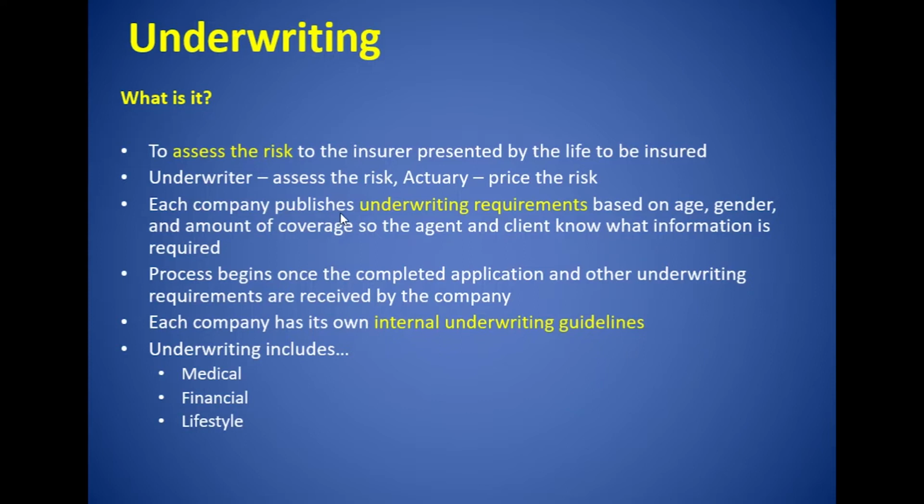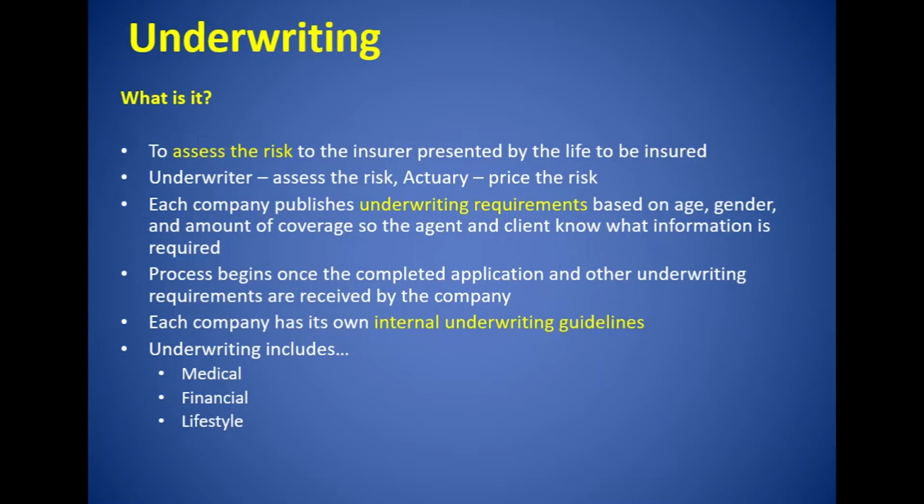Each company has and publishes its underwriting requirements to the agents, so they know exactly what information is going to be required in order for the company to complete a full underwriting. Now, these underwriting requirements are usually based on the applicant's or the to-be insured's age, their gender, and the amount of insurance that they are applying for.